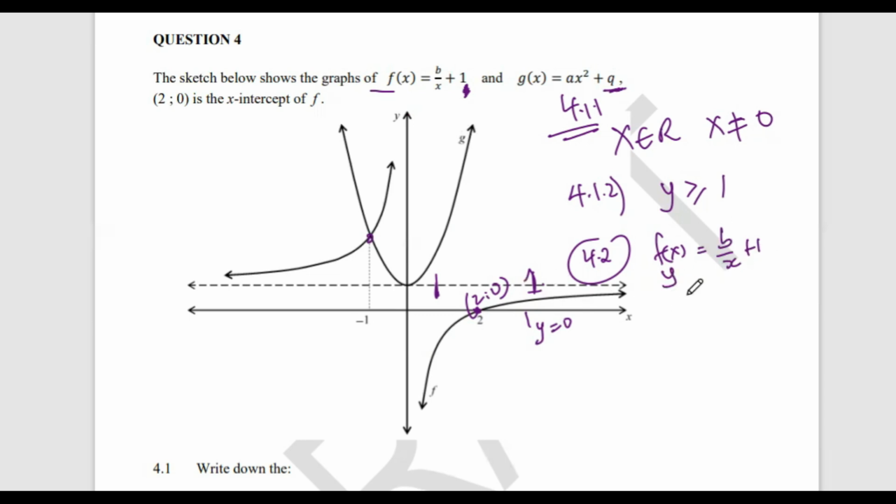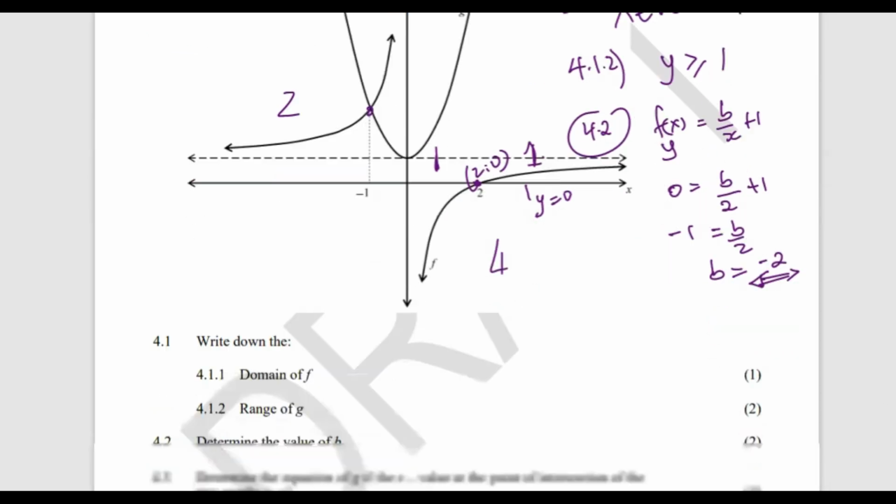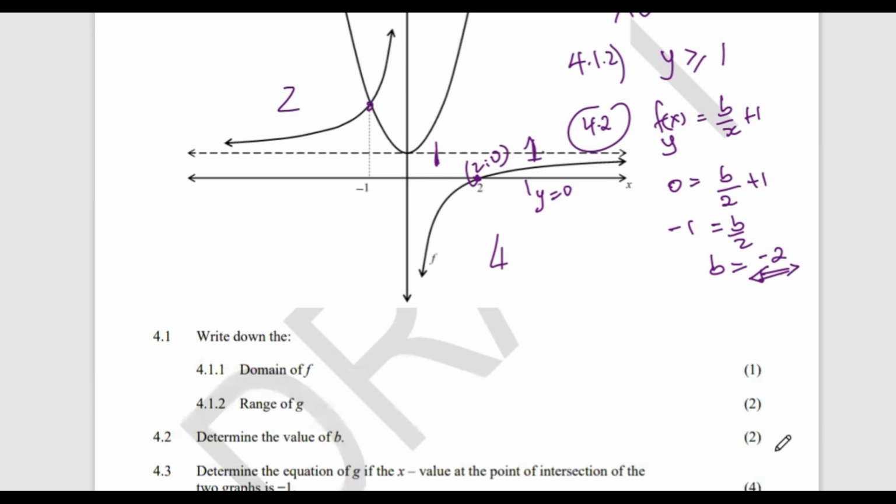Where I see y, I'll put a 0. I have b over 2 plus 1. Move the 1 that side first. So you have negative 1 is equal to b over 2. Multiply both sides by 2. So b is negative 2. In this case, we can see clearly that the arms are in quadrant 2 and quadrant 4, which means our first part there has to be a negative. So that is that for 2 marks.